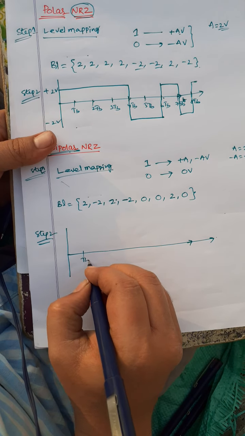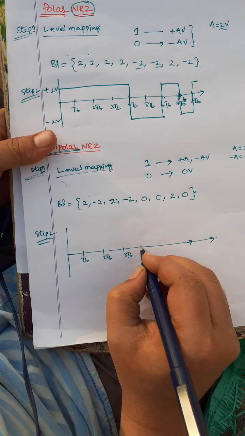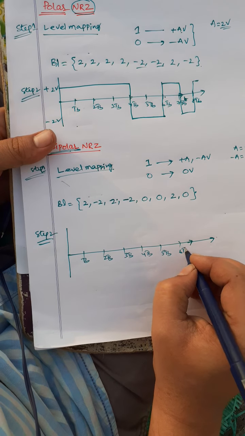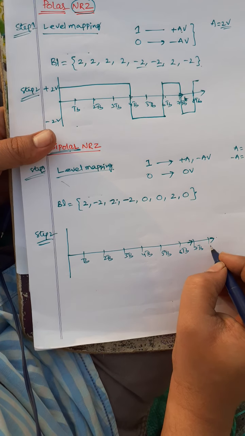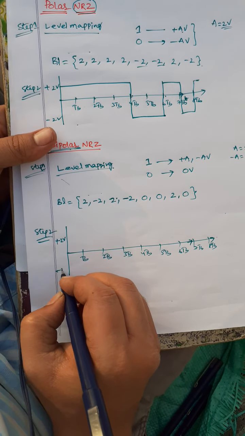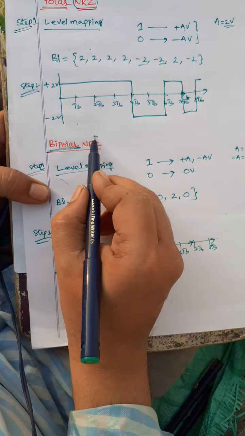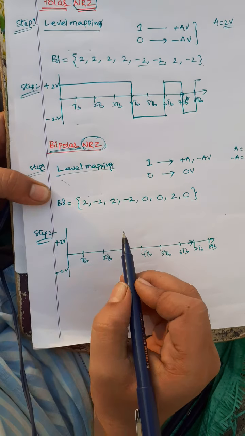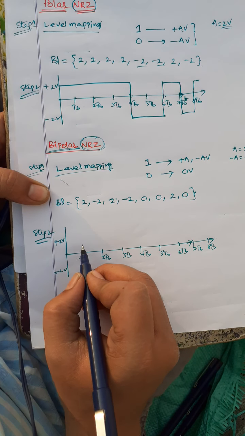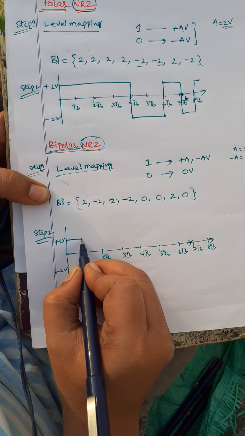Yes, TB, 2 TB, 3 TB, 4 TB, 5 TB, 6 TB, 7 TB, 8 TB. Right. Voltage levels plus 2 volts and minus 2 volts. Now tell me, first TB duration, what type of available pulses? NRZ pulses. So the first TB duration is plus 2 volts.